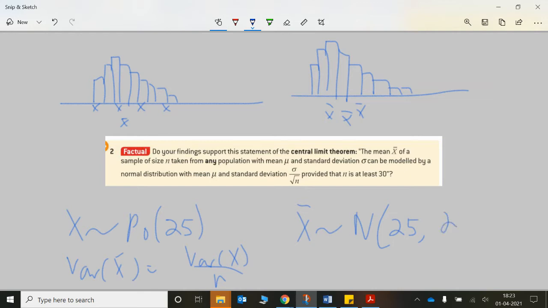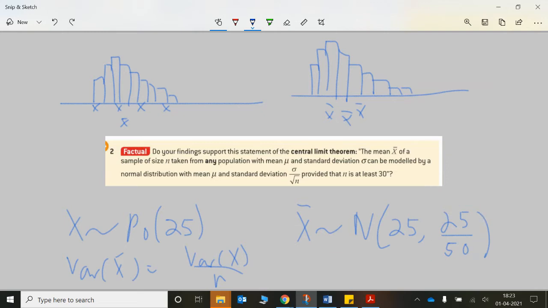So in this case, we'll get 25 divided by, let's say there's 50 in the population, so divided by 50. So these X bars are not going to be spread out very much. They're going to have a variance of a half there. And they're now going to follow a normal distribution. And this is going to be our new variance.